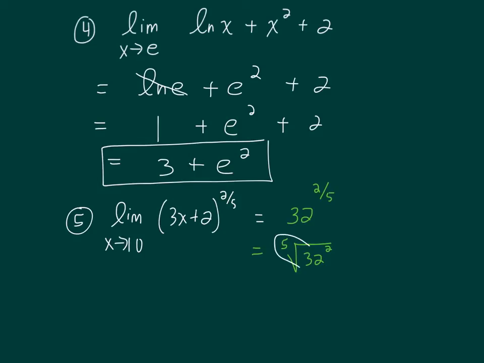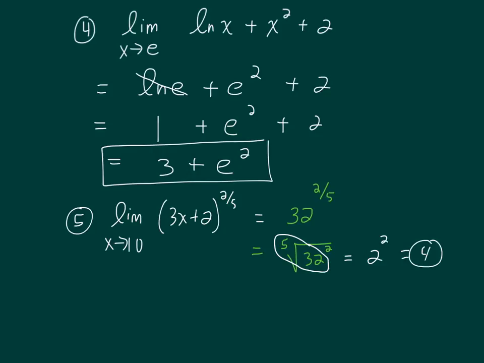From there, you can either do 32 squared first and then take the 5th root, which obviously is going to be a monster if you were trying to do that without a calculator. It's obviously a lot easier to do the 5th root of 32 first, get 2, because we know that 2 to the 5th is 32, so we're left with 2 squared, or 4.